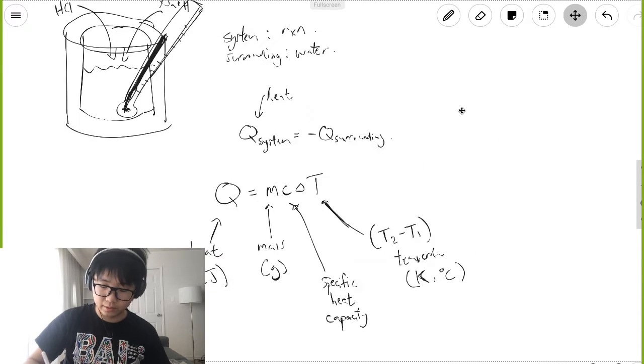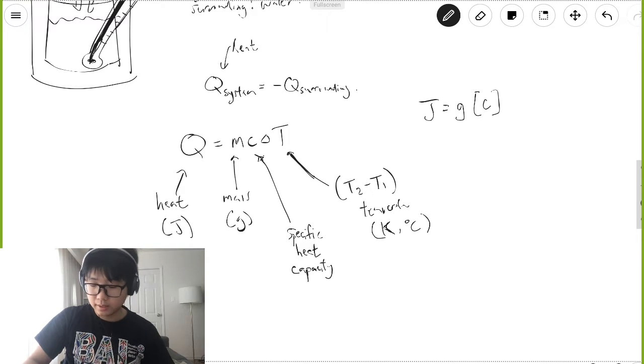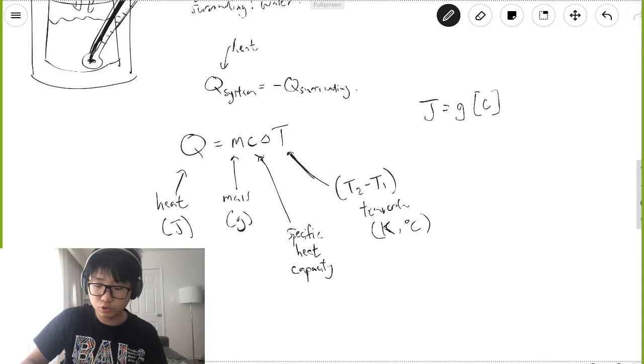Before I give it the definition, I'll actually derive the units. We have joules equals grams times c times ΔT. c is the actual thing I'm trying to isolate here. Let's do degrees Celsius, since we're more familiar with degrees Celsius. Degree Celsius minus degree Celsius, we still have degree Celsius.